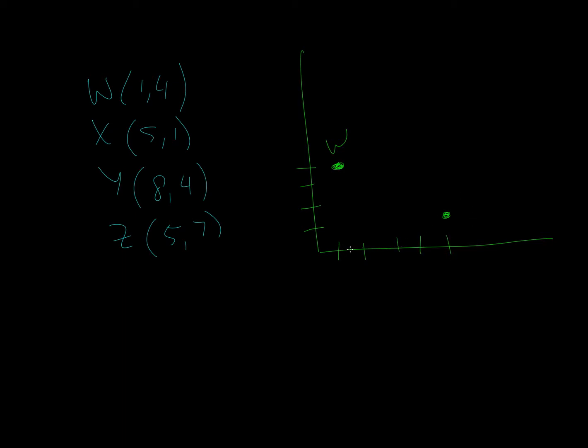And then 8, 4. So that was X, that's Y, and then 5, 7, that's Z. So we have a quadrilateral that's defined by those coordinates. Okay, so we want to know what type.